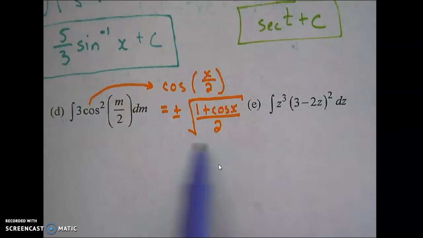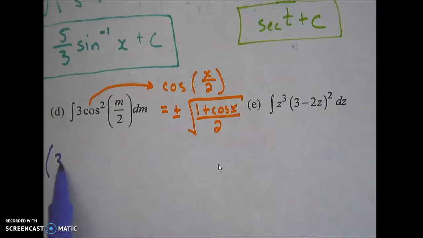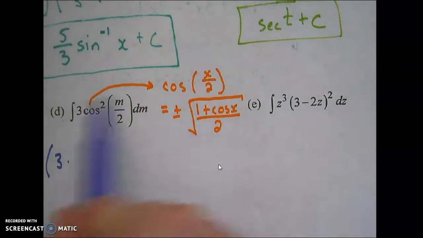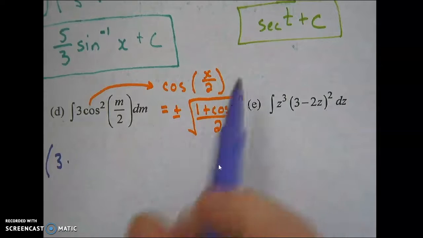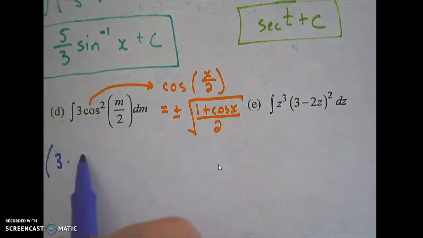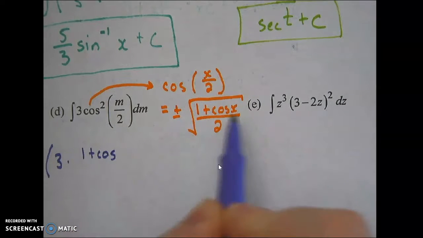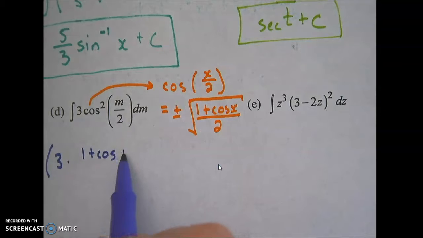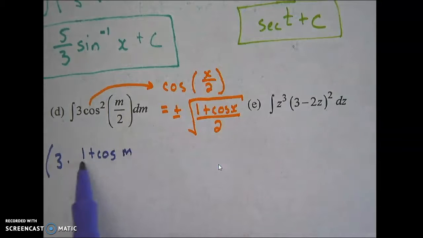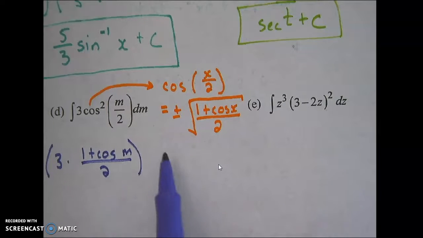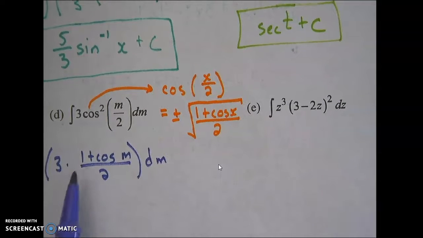I can now do a rewrite of the integral. I've got my constant again, so that's not going to worry me. But now once I square this, because it's cosine squared, the root's gone and the plus or minus is gone, and I get 1 plus cosine. Now remember, this was x, but we're talking about m here, so make sure your variables fit with your variable of integration. Let's clean up early and often. I'm going to do two things.